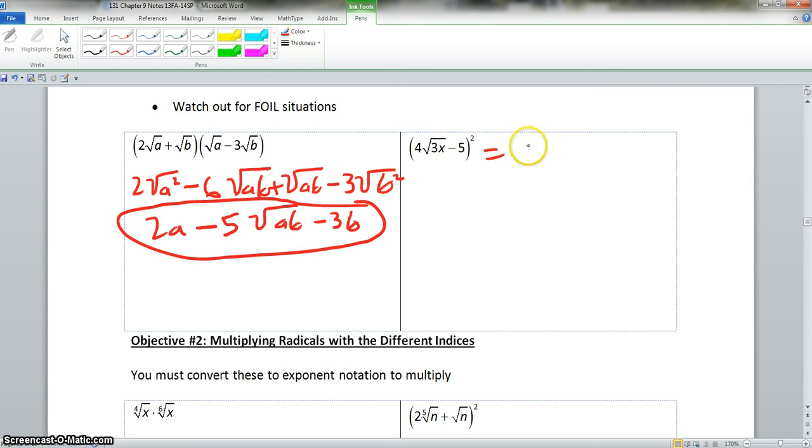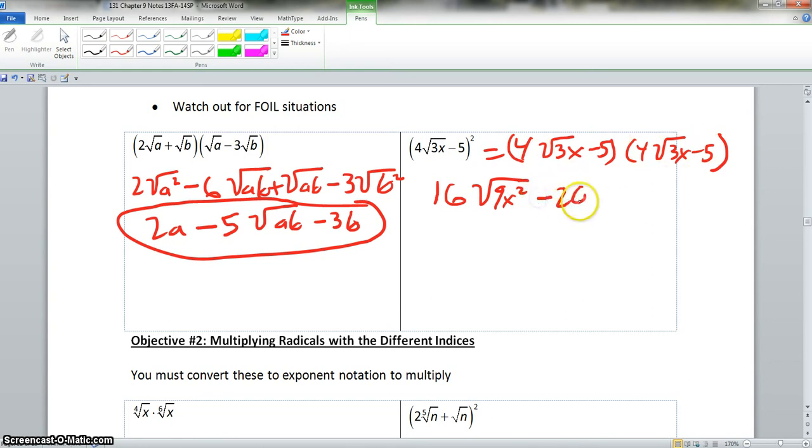Now we come here. This is parenthesis squared. So we know we'll write this parenthesis twice. So then we will have 16 times the square root of 9x squared. And then we will have a minus 20 square root of 3x.